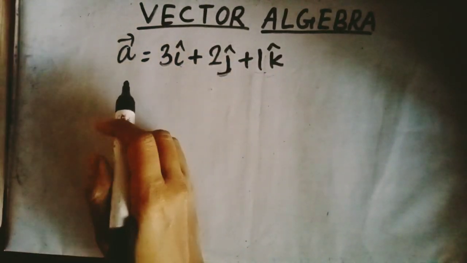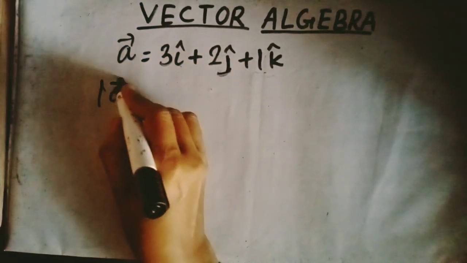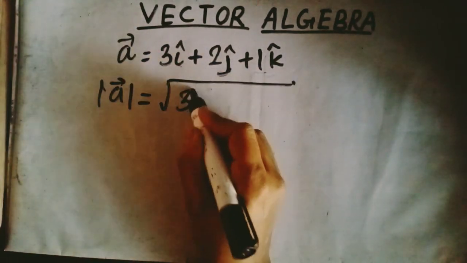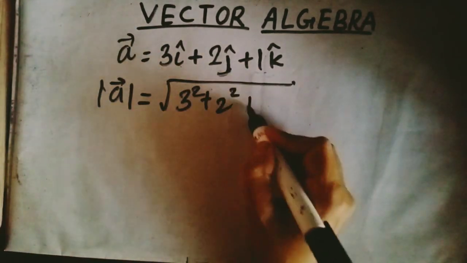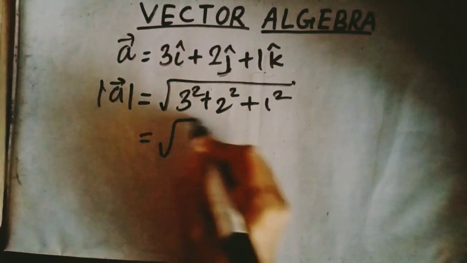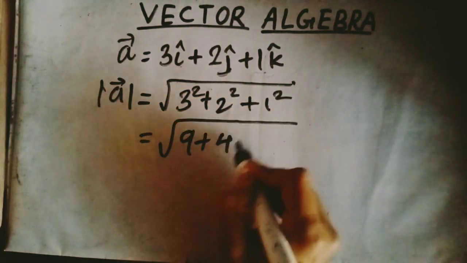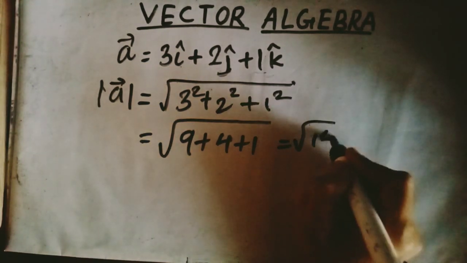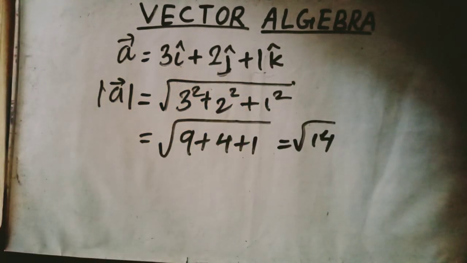If you want to write the magnitude of this, then it will be root of 3 square plus 2 square plus 1 square. So it is 9 plus 4 plus 1, root 14.